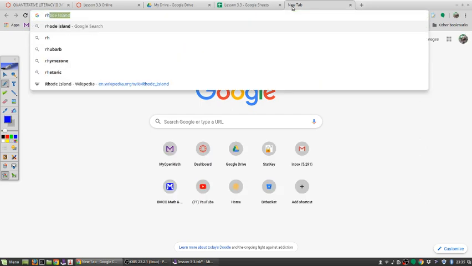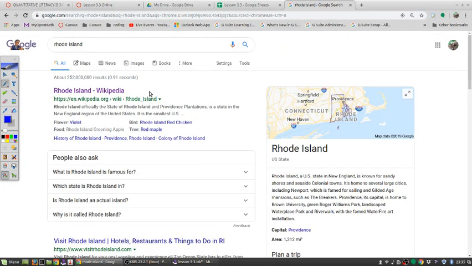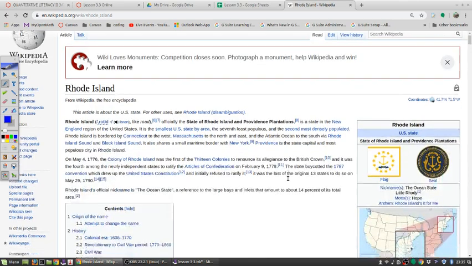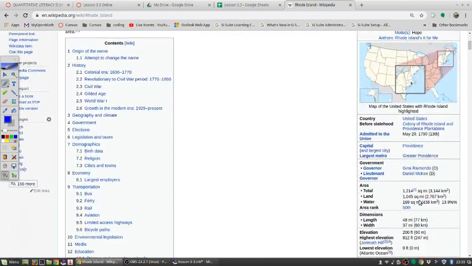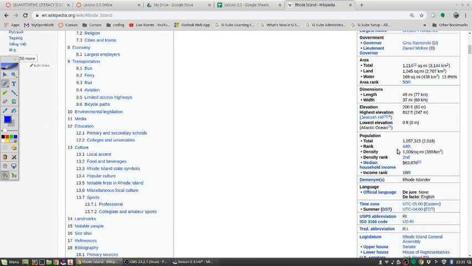So I'm just going to search for Rhode Island, and up pops Wikipedia, one of my favorite sites ever. And Wikipedia will likely tell me some information in this sidebar here. And here we go.